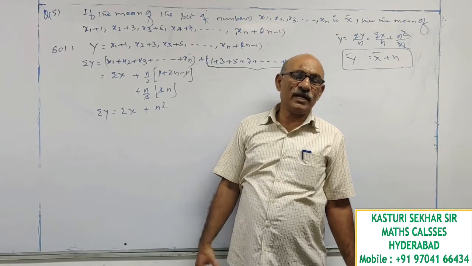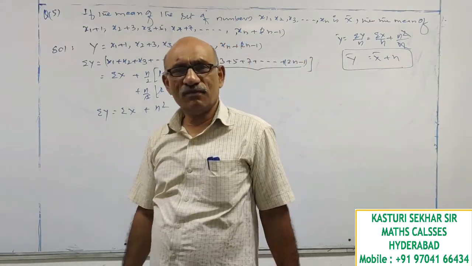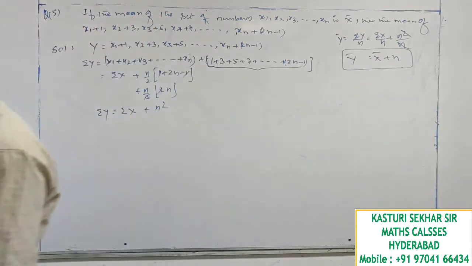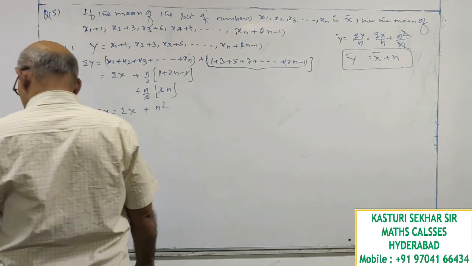When even numbers are added, the even numbers' mean is added. Fine. Now let's see the next question.